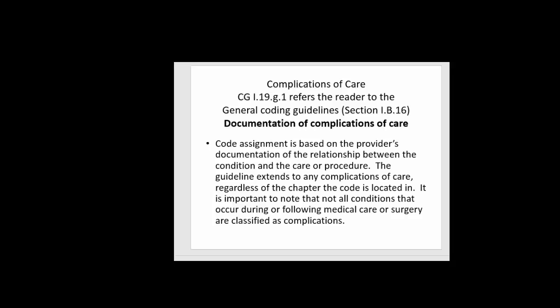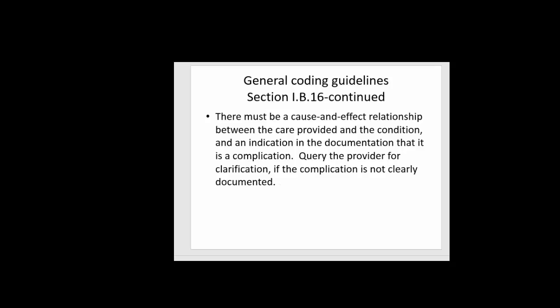We have to get very confirmed documentation, and there has to be a cause and effect relationship between the care the patient is receiving and that condition. If you have any doubts of whether or not something's a complication, you're always going to do a query because of the ramifications of coding something that isn't a complication.